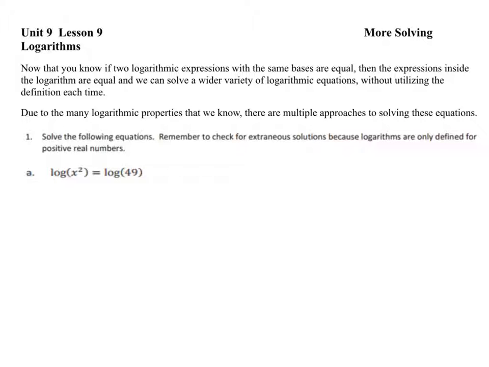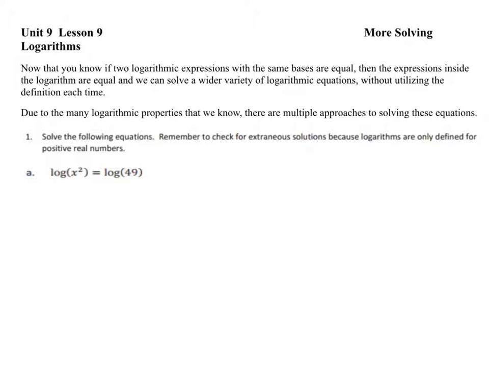As it says right here, if two log expressions with the same bases are equal, then the expressions inside the log itself are equal. So we can use a wider variety without having to go through the whole step-up process all the time. Take a look: I've got the log of x squared equal to the log of 49.